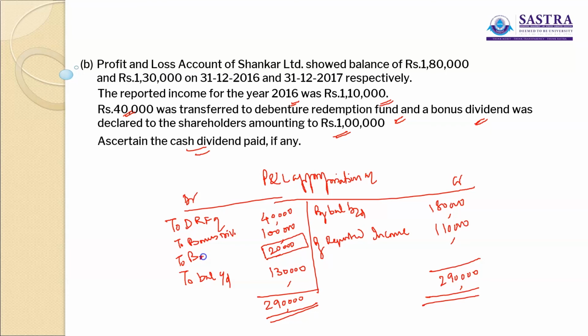To bank account. That means this is cash dividend. This to bank account is nothing but cash dividend, rupees 20,000. So using the information available in the question, we calculate the unknown information.